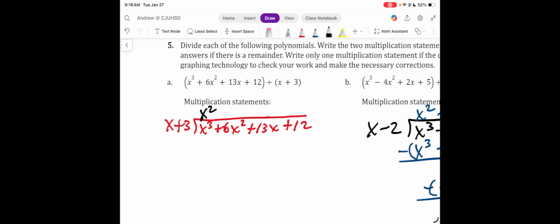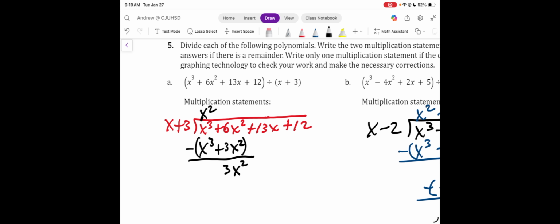And then multiply x squared times x, x to the third, x squared times 3, plus 3x squared. Then we subtract. X to the third always will cancel with x to the third. The first term will always cancel and turn to a 0. Then we have 6x squared minus 3x squared is 3x squared.